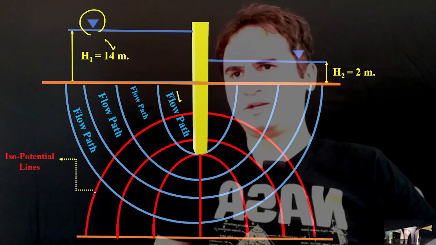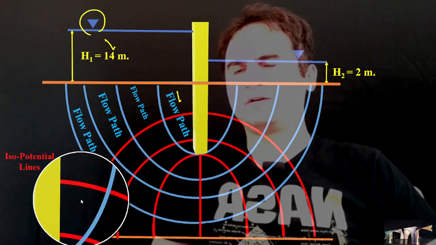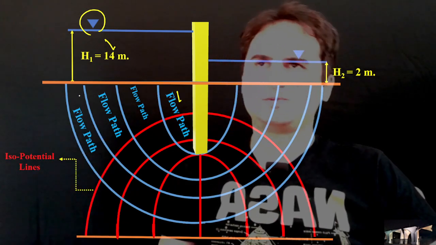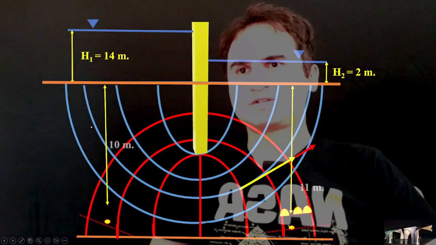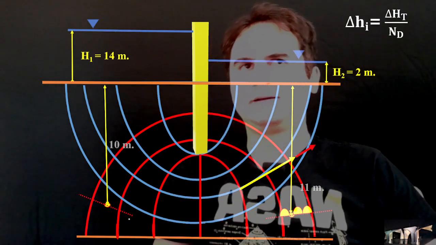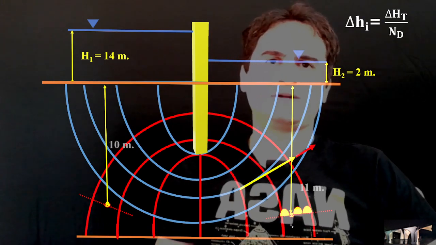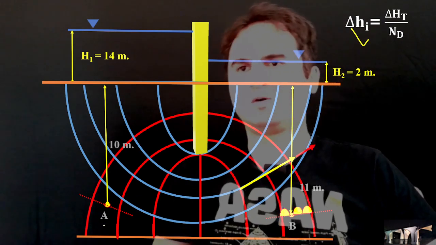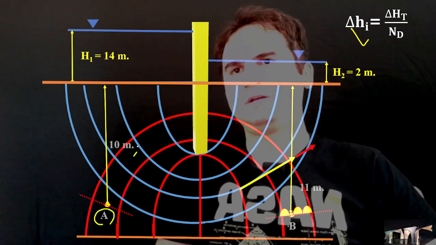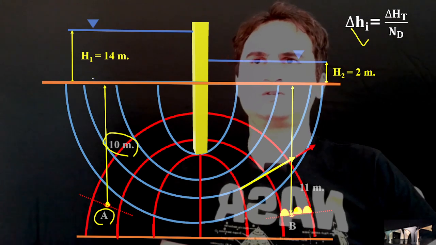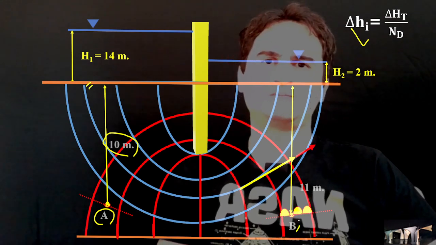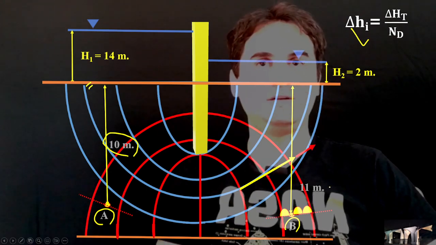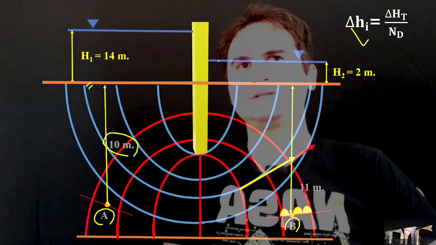Each of these red curved lines are isopotential lines. If you assume 2 points like A and B, for example, delta Hi is delta H total over number of drops. Point A is at a height of 10 meters from the soil, and B is at a depth of 11 meters down in the soil beneath.